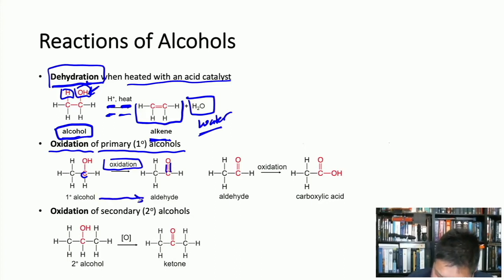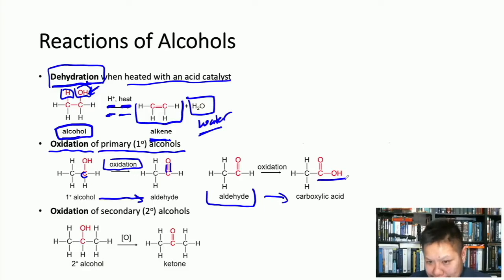This reaction can actually keep on going and get oxidized again, and then become a carboxylic acid, right? And oxygen gets inserted right there between that carbon and that hydrogen. So one of the rules of thumb is that whenever an oxidation happens, you'll either lose electrons, or you'll have oxygen added to the molecule some way.